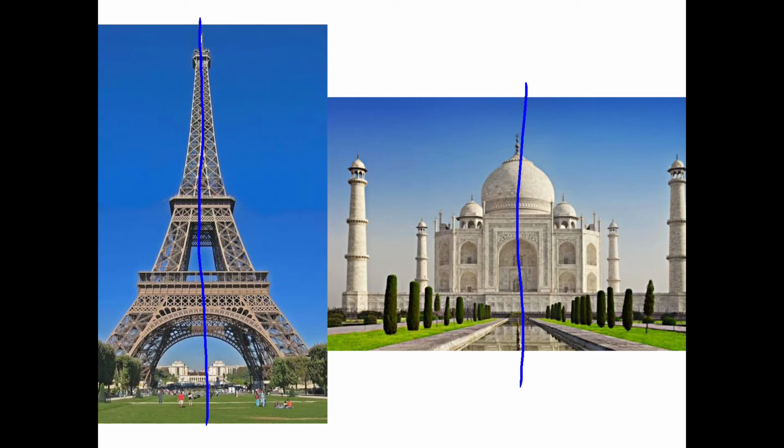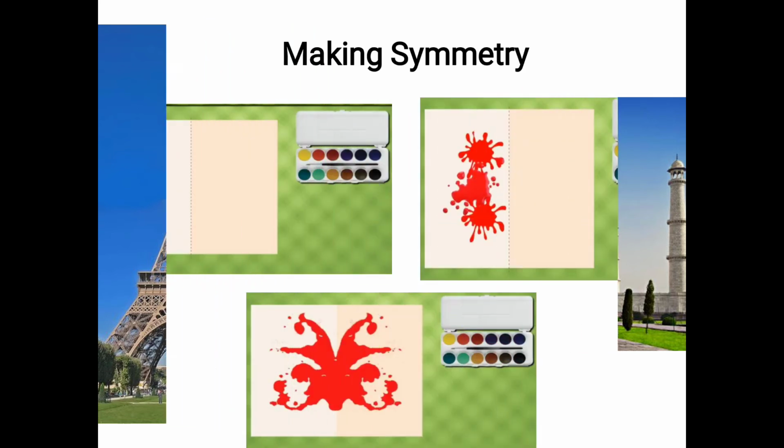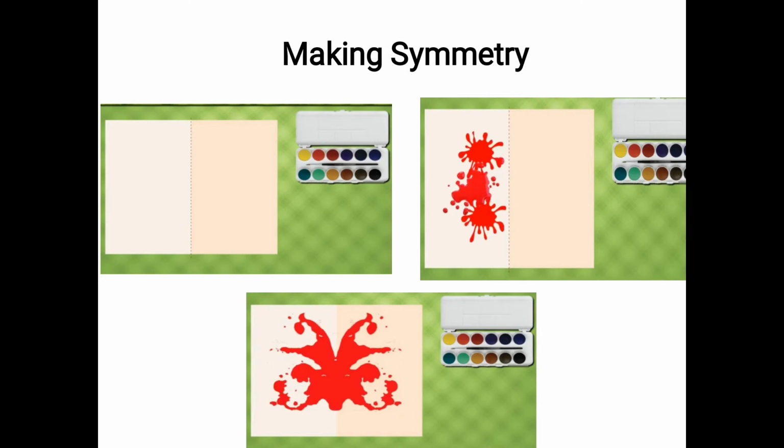Children, I hope you understood what symmetry exactly is, because you already learned symmetry in your previous class. So let us make a symmetry. This is a paper, a chart paper or an A4 paper, whatever it is. This is a rectangle-shaped chart paper. If we fold this rectangle paper into half, both sides will be identical to each other, right?